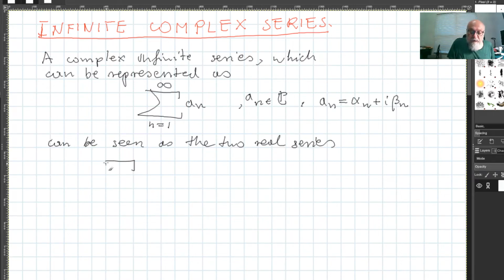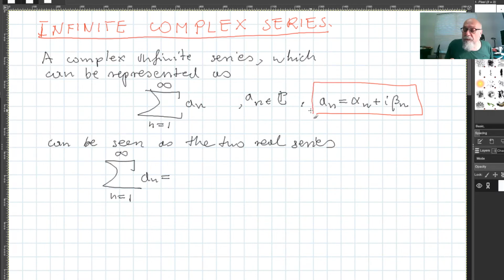Namely, we can rewrite this series, the sum for n equal 1 to infinity of a_n, using the real and imaginary part of the coefficient a_n. We can rewrite it as the infinite series of the real part plus i times the infinite series of the imaginary part.